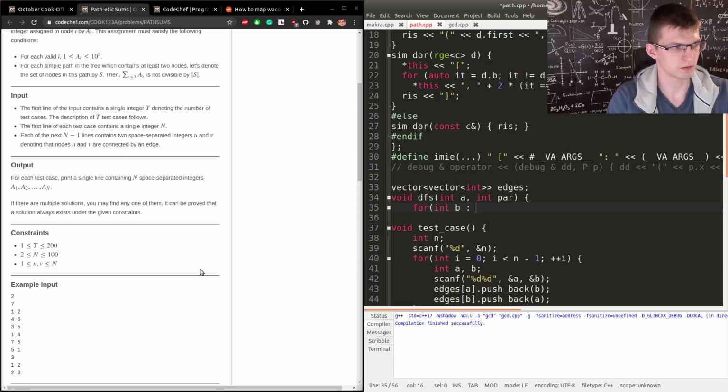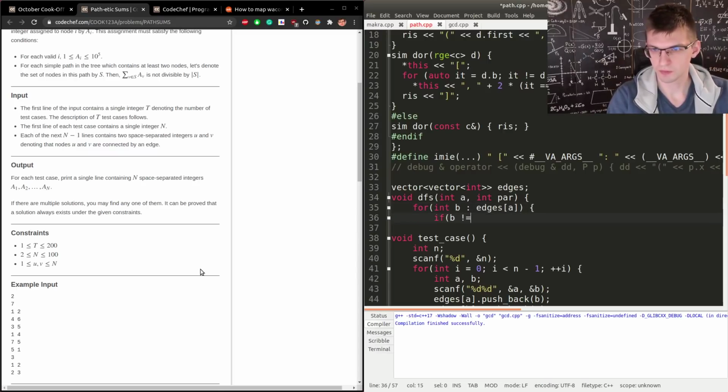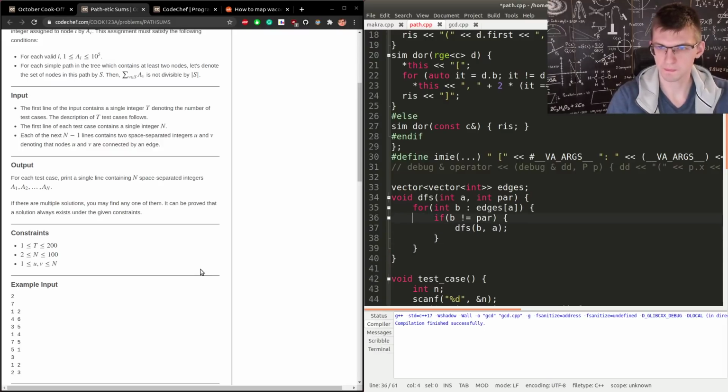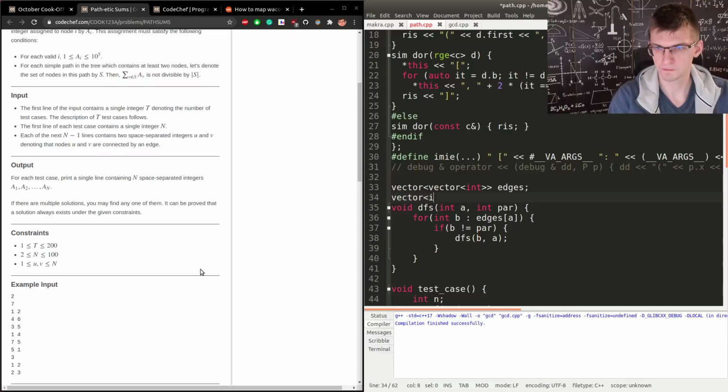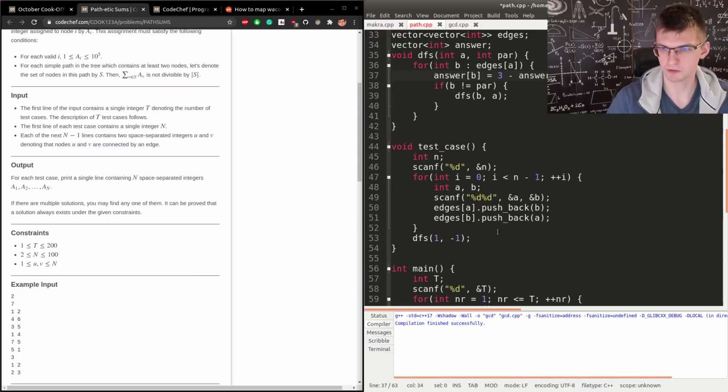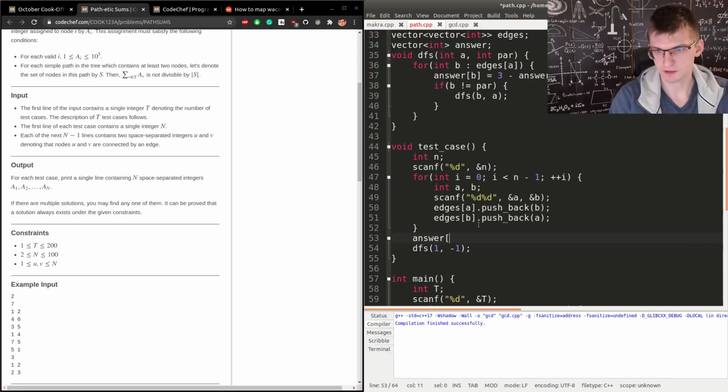Parent. B is not the parent, DFS of B at A. This will flip between 1 and 2. Answer of 1 is 1.